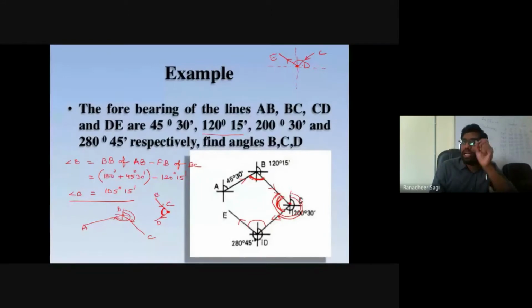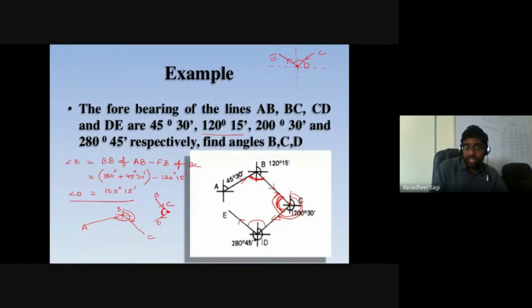The bearing for the CD line with respect to station D is what we call the back bearing of line CD. I repeat, it's the back bearing of the line CD.